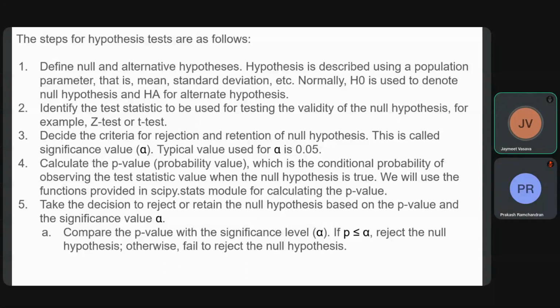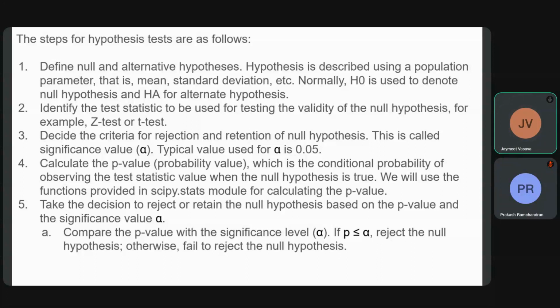Going further with the third step, decide the criteria for rejection and retention of the null hypothesis. That's what I meant when describing point 2: there is a value called the significance value, denoted by alpha.